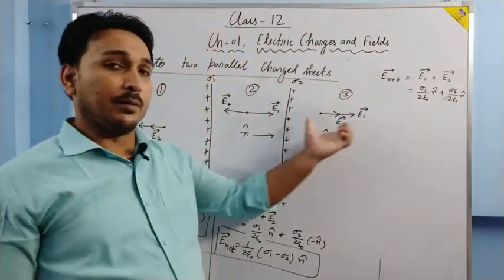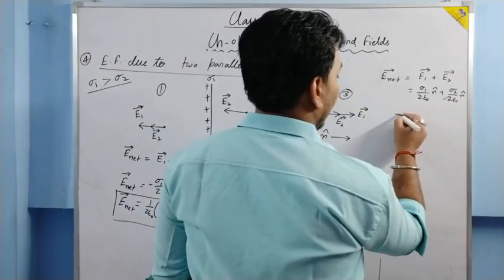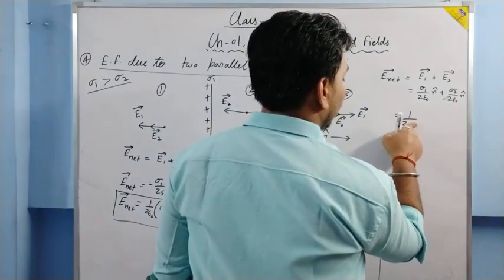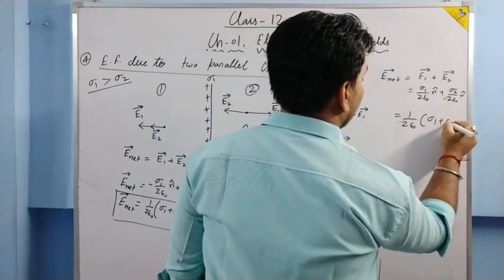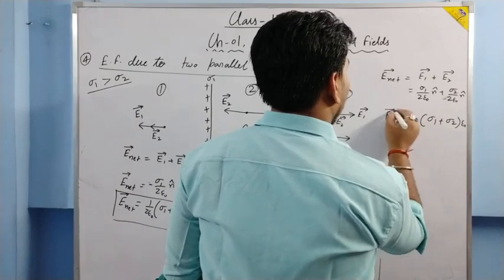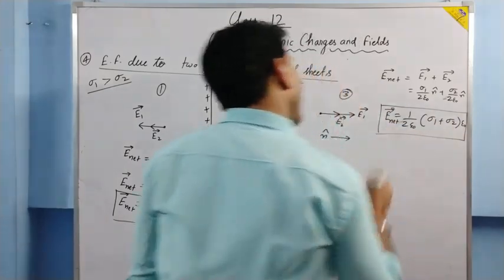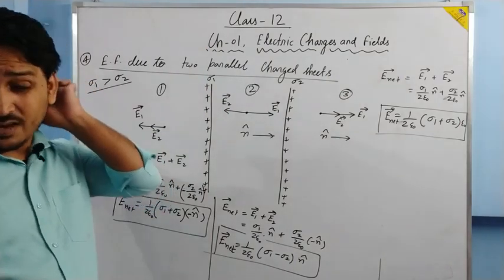Why? Because they are in the same direction, so both are positive n cap. Now if we take 1 upon 2 epsilon naught as common, in the bracket we have sigma 1 plus sigma 2 into n cap. This is the value of electric field in this region.